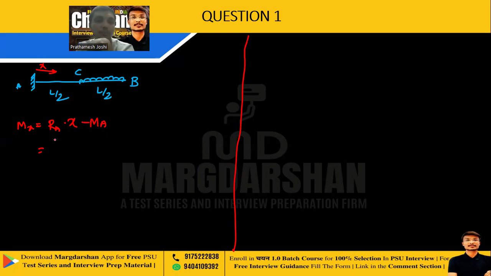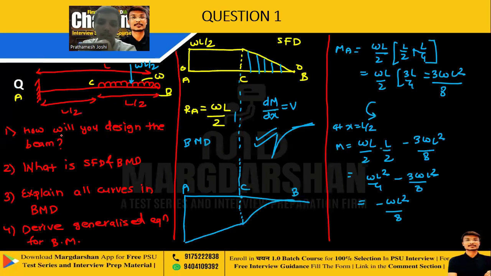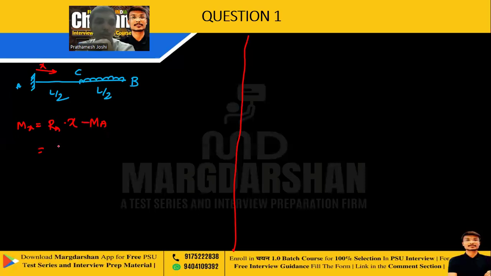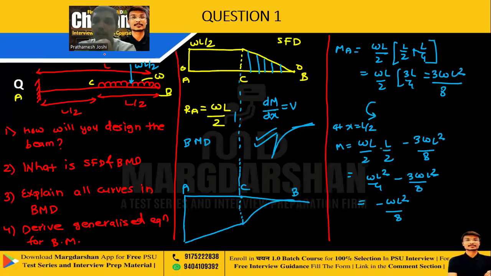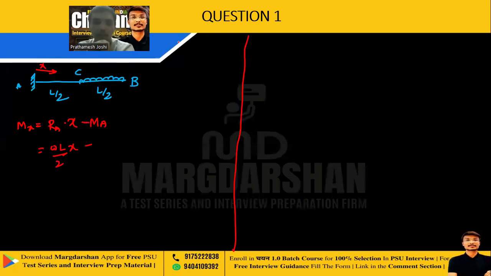If we go and put the values over here, RA was WL/2. So WL/2 X minus MA; MA we had as 3WL square by 8. So WL/2 X minus 3WL square upon 8.